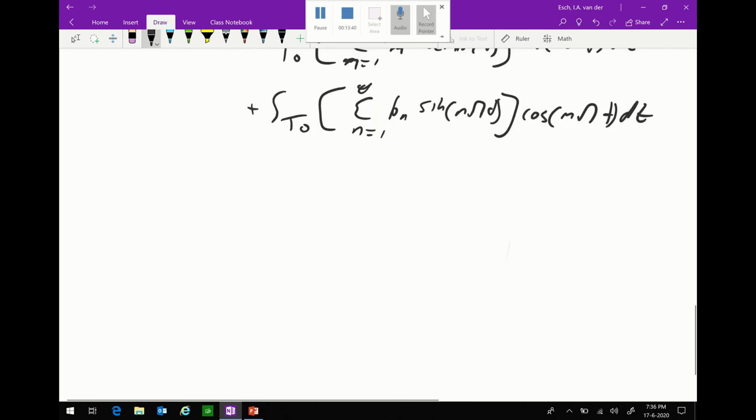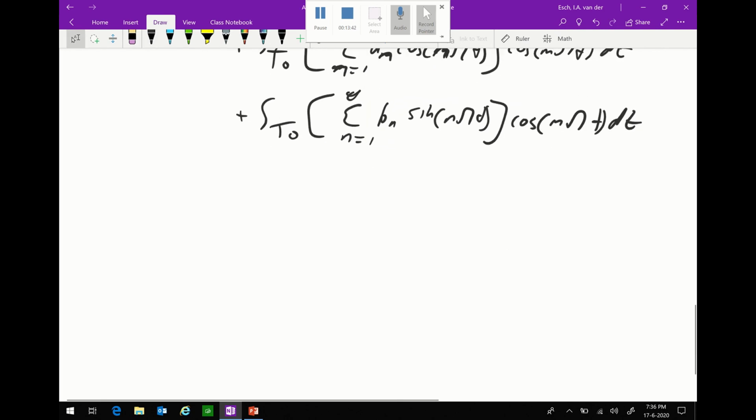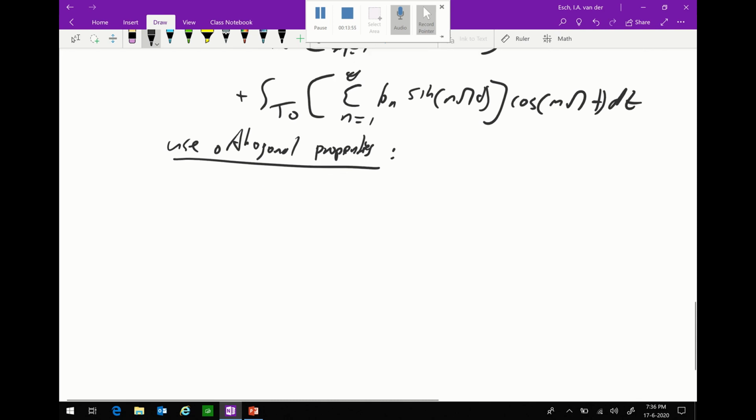And to see how we can proceed, we have to use orthogonality properties. And what is that?